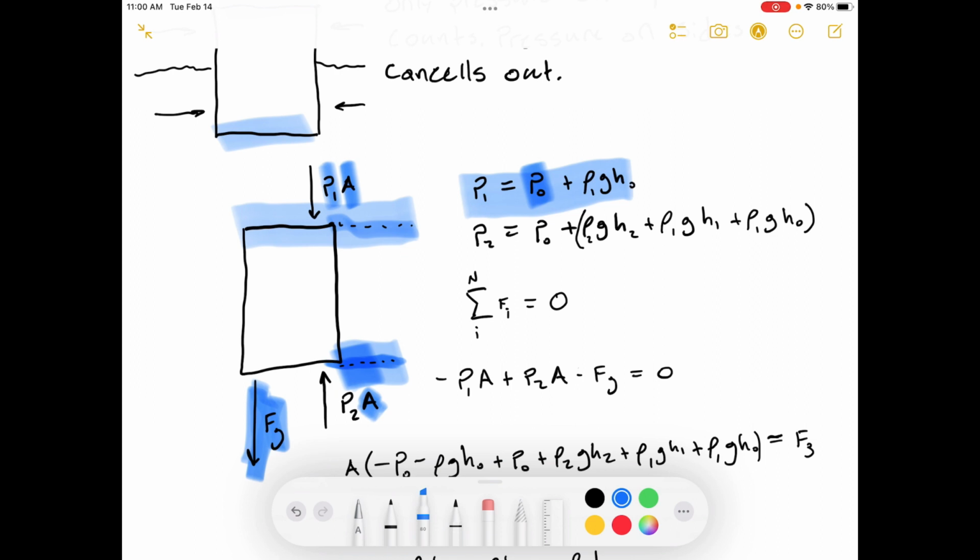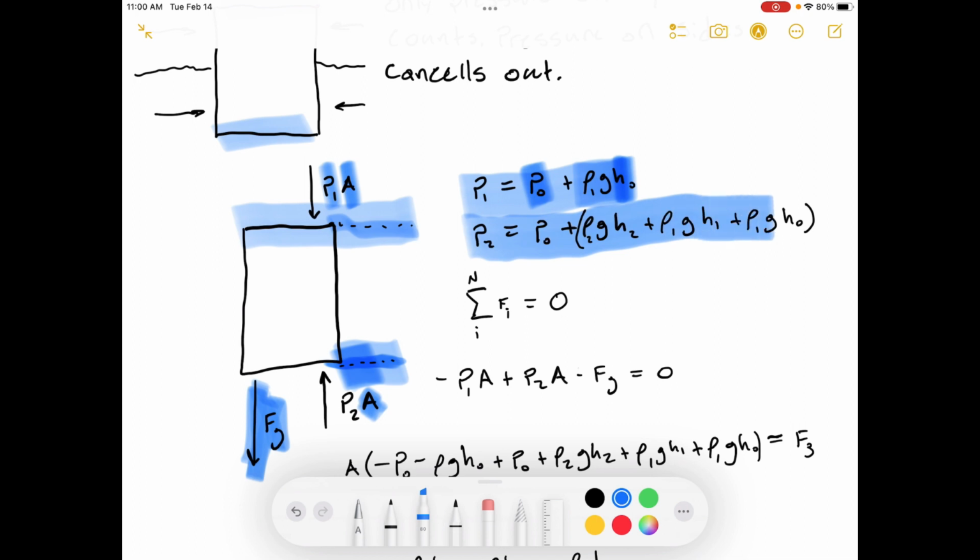And then we also have all of the hydrostatic force pushing down on the block. So we've got the density of fluid number 1 and then height H0 above the block, and that's the pressure at the top of the block.